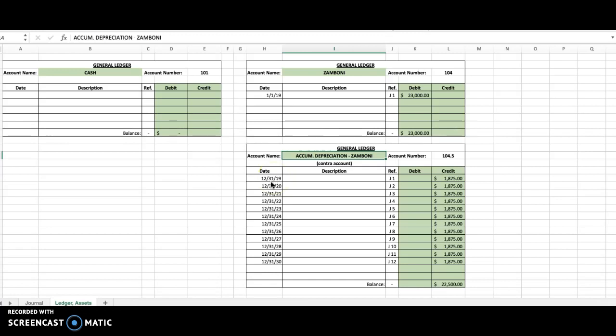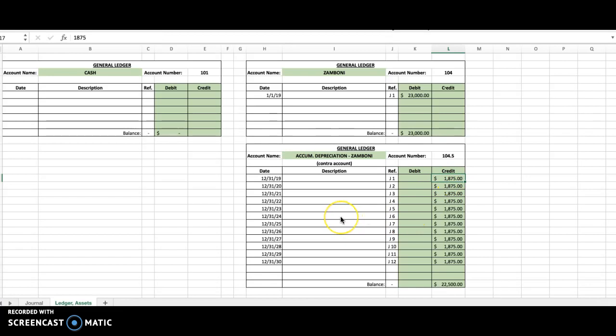At the end of the first year, December 31, 2019, we would have debited an account called depreciation expense for the Zamboni, and we would have credited this account, accumulated depreciation for the Zamboni. And we just figured out a minute or so ago that the annual amount of depreciation using the straight line depreciation method should be $1,875.